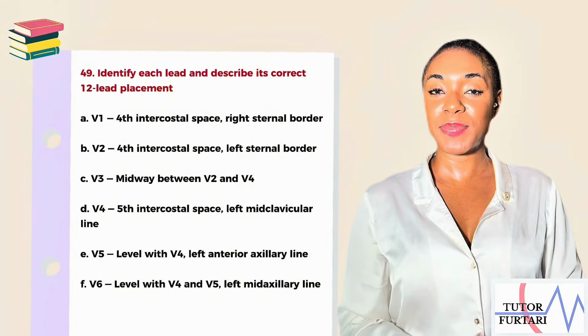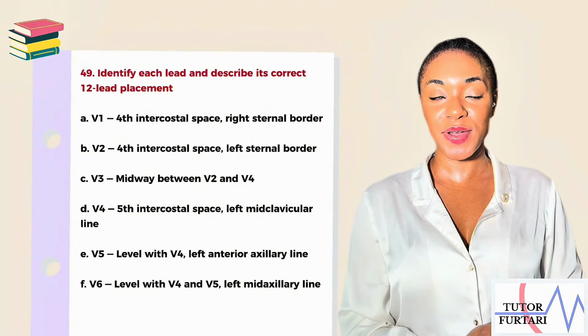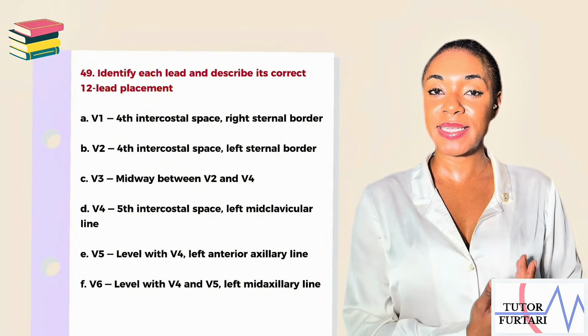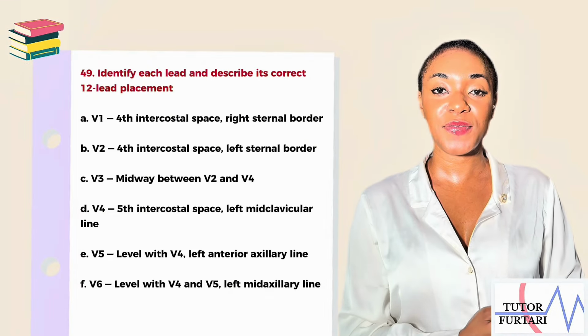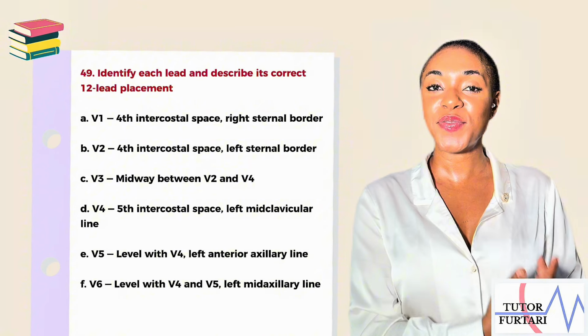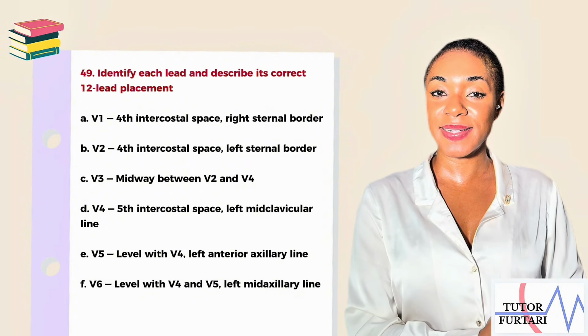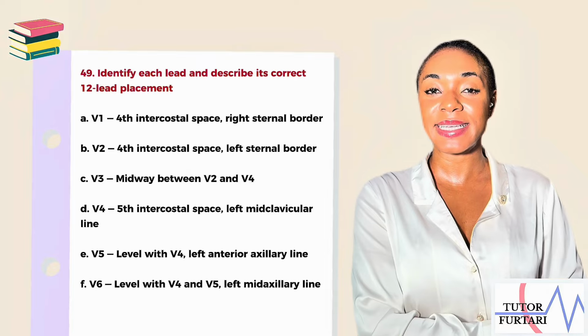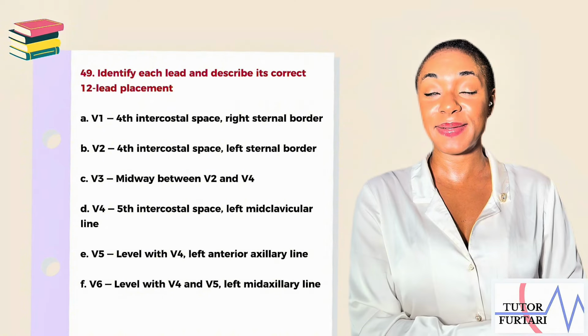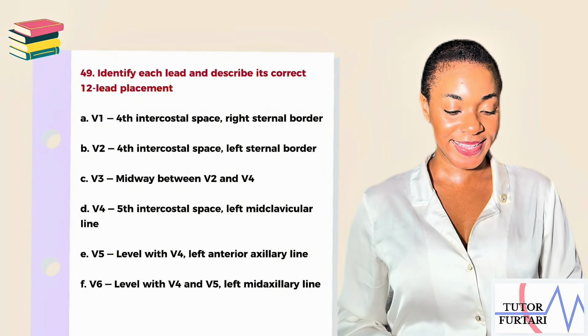V3 is midway between V2 and V4. V4 is mid-clavicular line, fifth intercostal space. V5 is anterior axillary line, fifth intercostal space, and V6 is mid axillary line, fifth intercostal space.